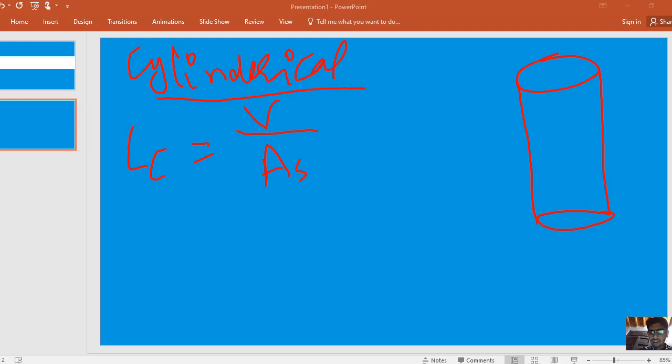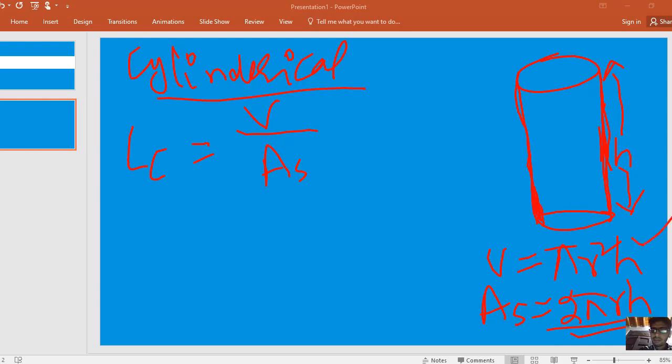The volume of the cylinder is pi r squared times height, where h is the height of the cylinder, and the surface area of the cylinder is 2 pi r h.